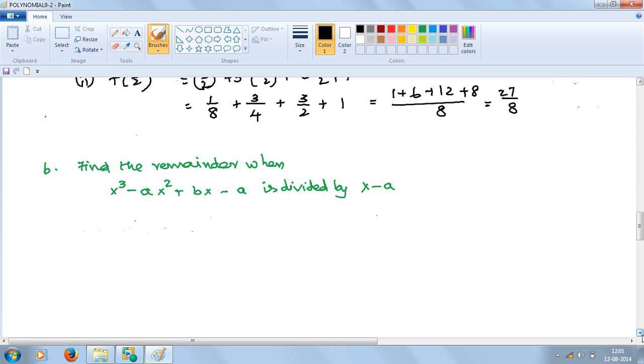Find the remainder. Next problem is, when x cube minus ax square plus bx minus a is divided by x minus a.